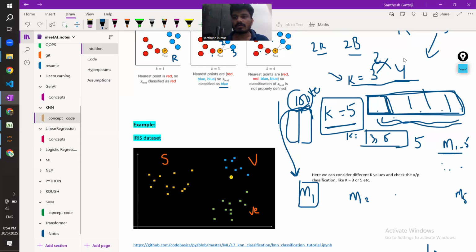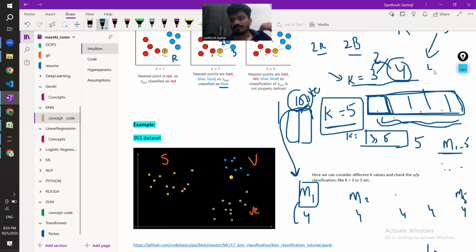Now, if I say K equal to 4, then each model will consider 4 nearest data points, here also 4, here also 4, 4, 4. It should be the same. Because in that loop, for 3, you calculate for all 100 data points and calculate accuracy, put it aside. For 4, you calculate for all the data points from all the 5 models and get accuracy.